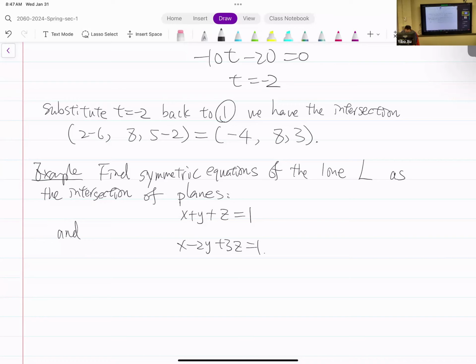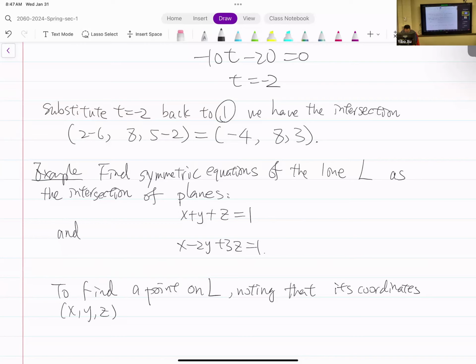You find a point on L, noting that its coordinates XYZ should satisfy both equations of the planes.